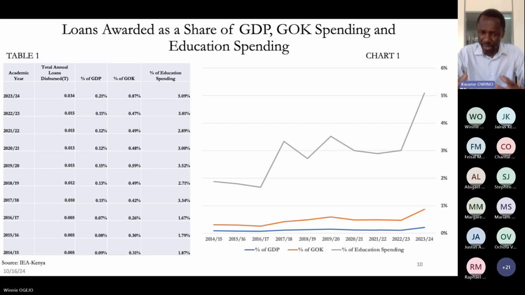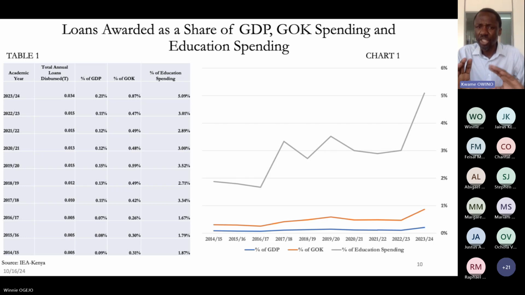As a share of GOK spending, you can see from the fourth column, it came from 0.31 to 0.87, telling us, as Winnie said, that for every 100 shillings of total government spending in 2023, 87 cents, just closer to a shilling, was spent on loan funding awarded through the Higher Education Loans Board. And in 2014, it was at 31 cents. So it has improved three times as a share of government spending, remember.